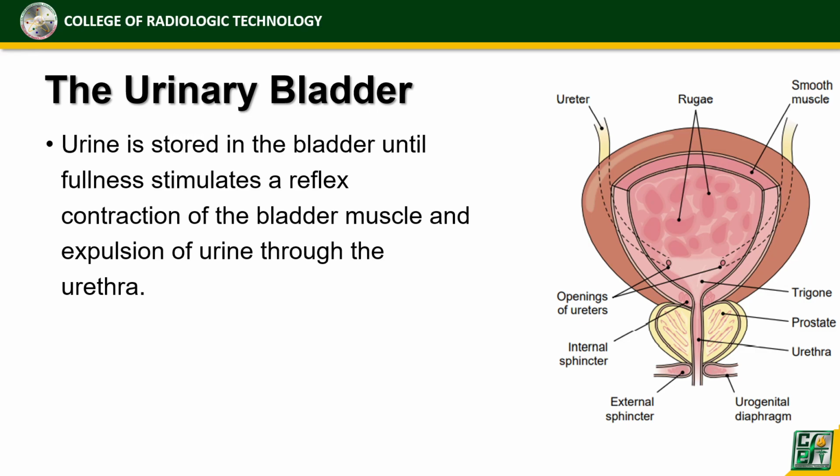And then doon sa base naman niya, meron siyang triangle-shaped area na nagko-contract. So it is called the trigone. And of course, meron siyang sphincter, the internal sphincter. Sphincter yung nagko-control ng ating urination.